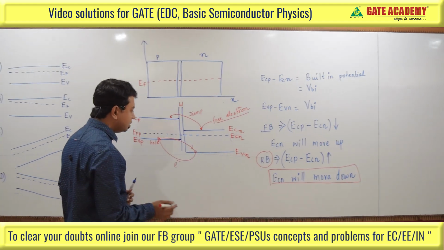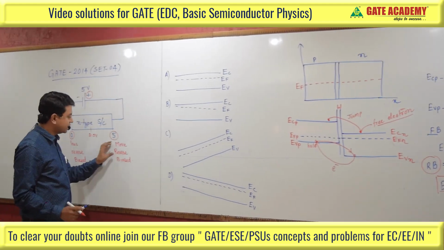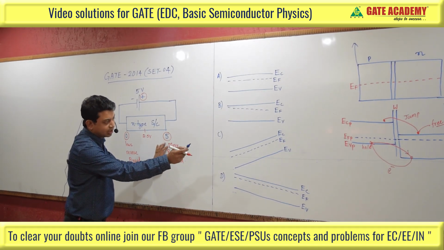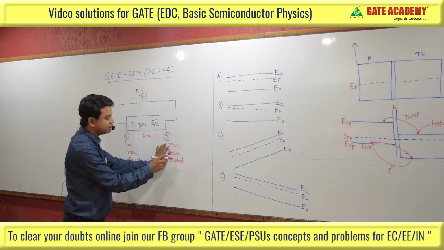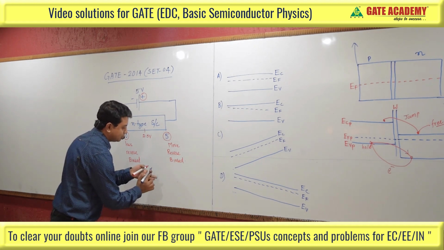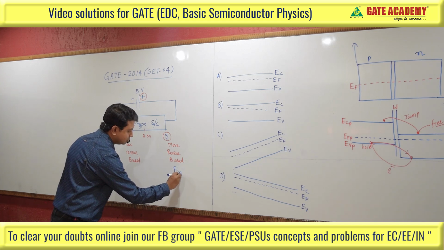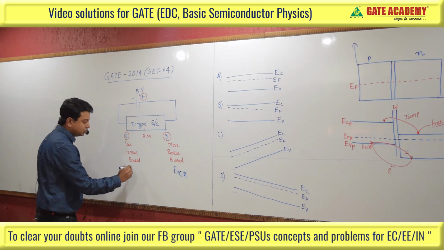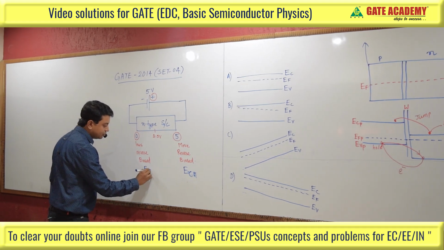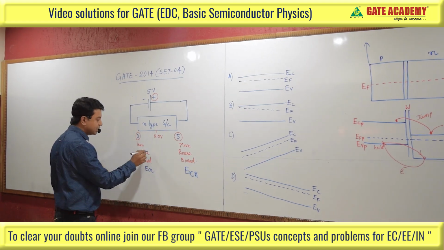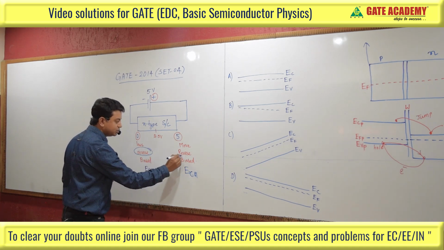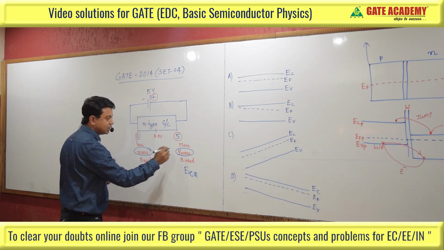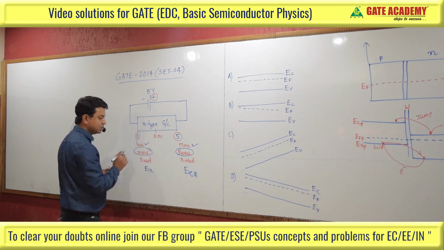Whenever the semiconductor is more reverse biased, the lowest energy level of the conduction band, represented by ECN, will move down, and here also the ECN will move down, because here also we have considered reverse biasing. Both cases have reverse biasing, but one is more reverse biased and the other less.